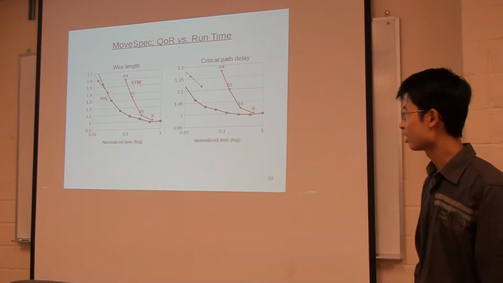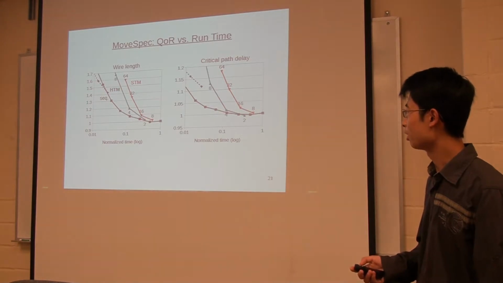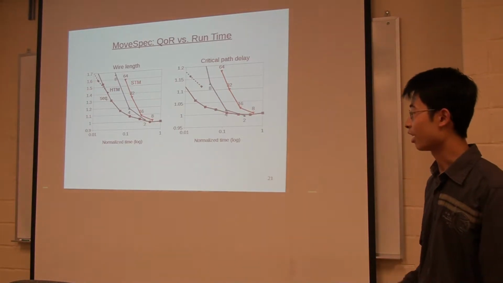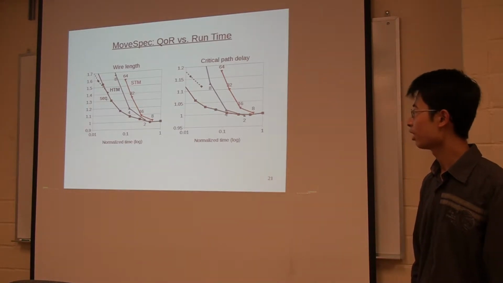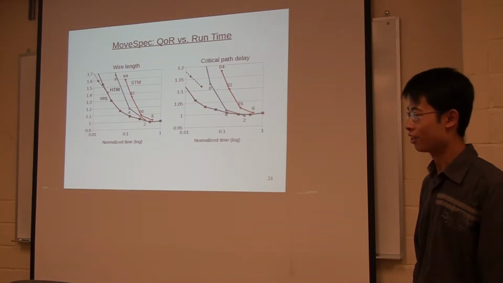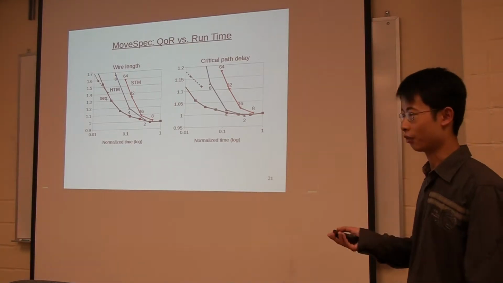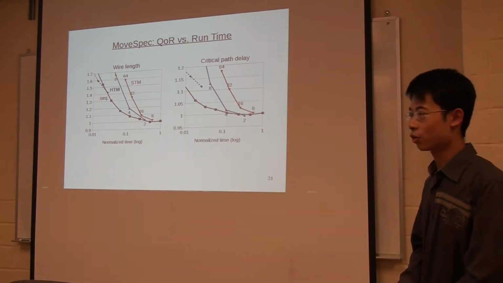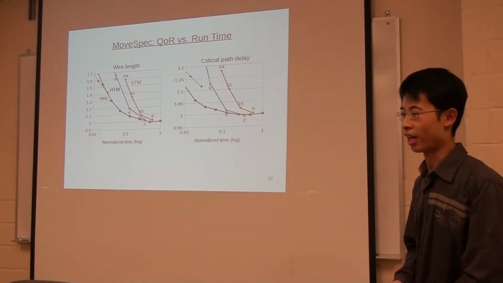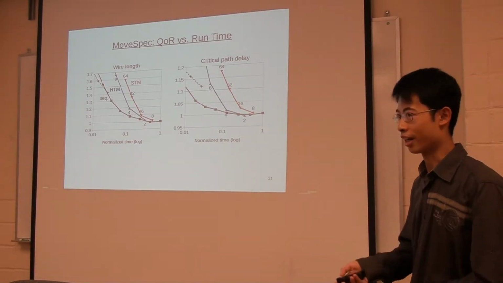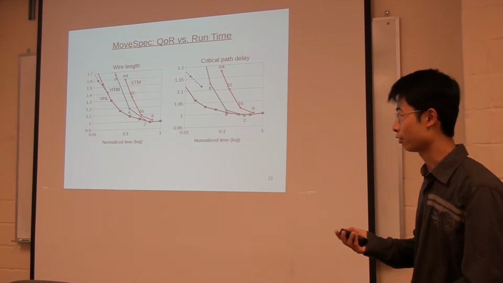Okay. Well, if we're ready to move on, we can look at the other implementation of move speculation using hardware TM. And not surprisingly, it's much faster, further to the left, than the software TM implementation, but its quality is even worse. We suspect that's because of the limited capacity, which is causing more transaction aborts than in the case of software TM.